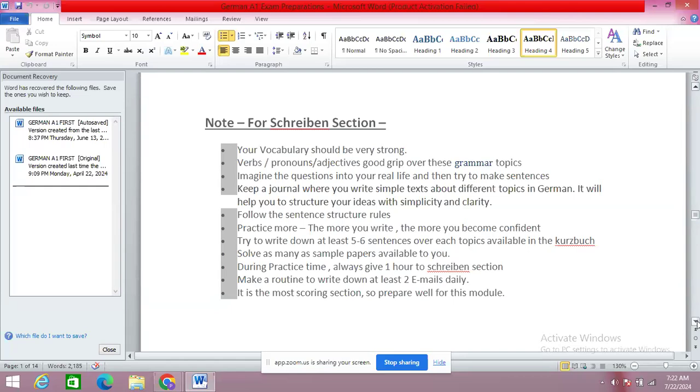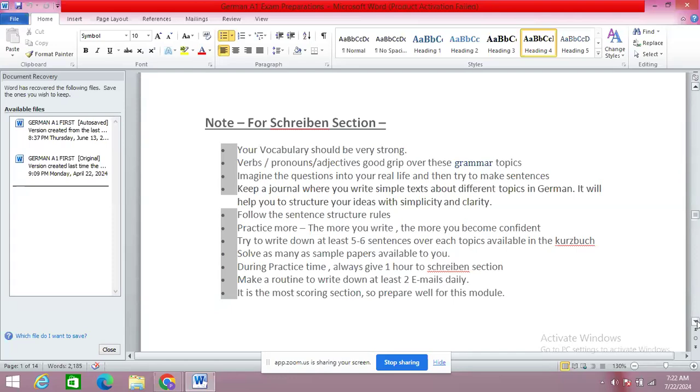Now, to practice the Schreiben section, vocabulary needs to be very strong, plus the grammar topics, the verbs, the pronouns, the adjectives. Everything should have a very good grip, a proper clarity over these topics. And always imagine the question in your real life and then try to make the sentences.